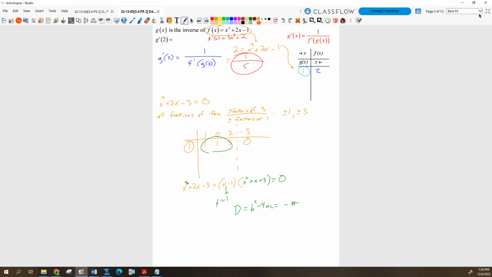Okay. Does that make sense? Same thing. Same exact thing. We just didn't use implicit differentiation. Right? Okay, I'm going to take a picture of that and put it in the notes.